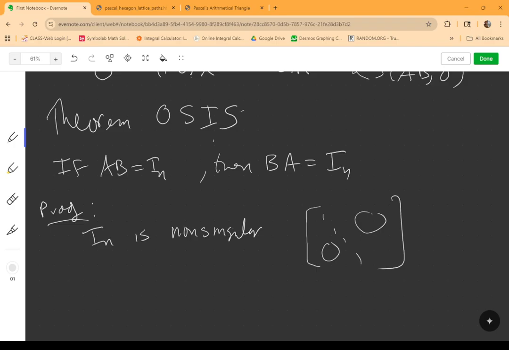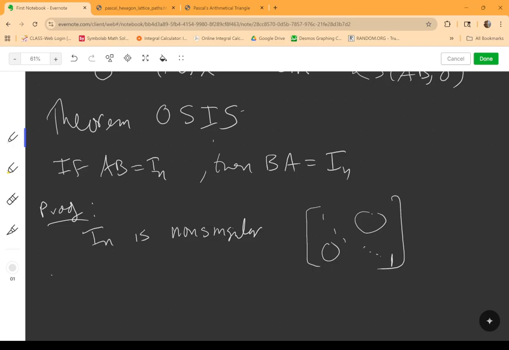And we can verify, however many ones we happen to have here, if we perform the calculations for the identity, we'll get back the same matrix. It is its own inverse as well. Okay, so In is non-singular.